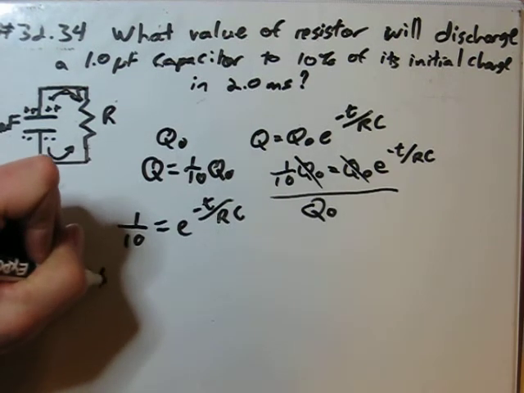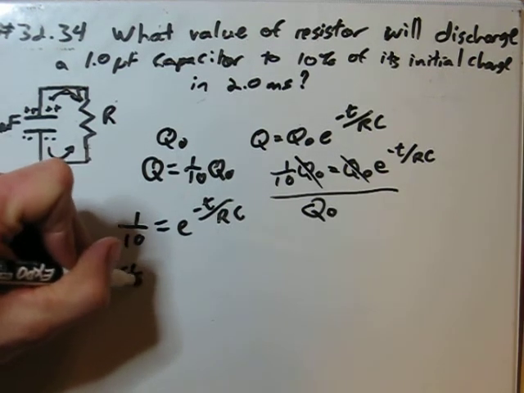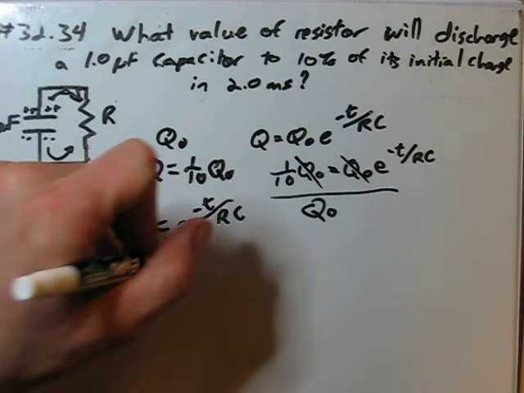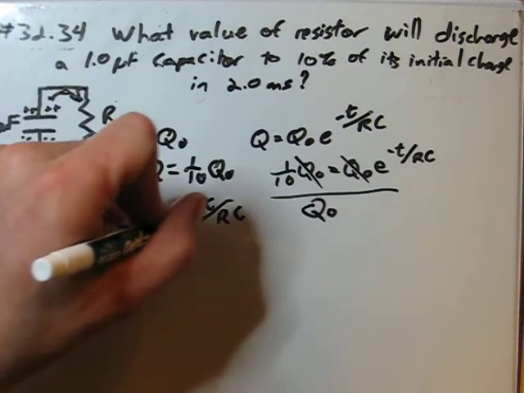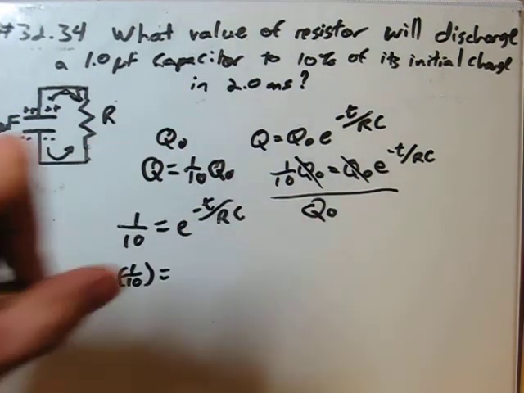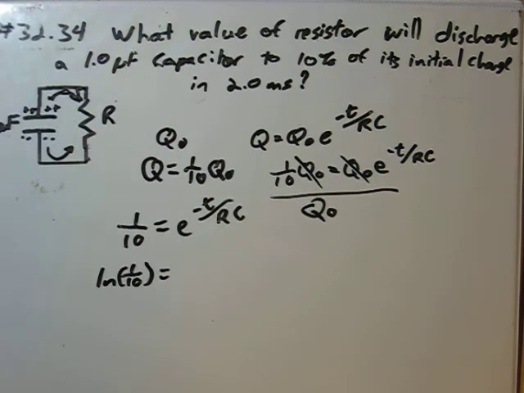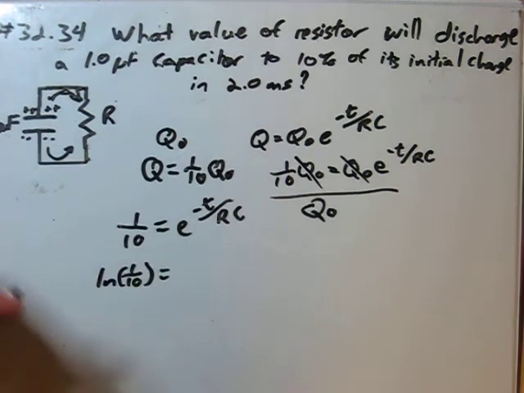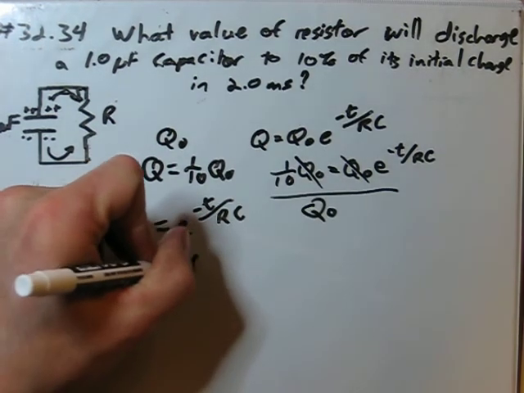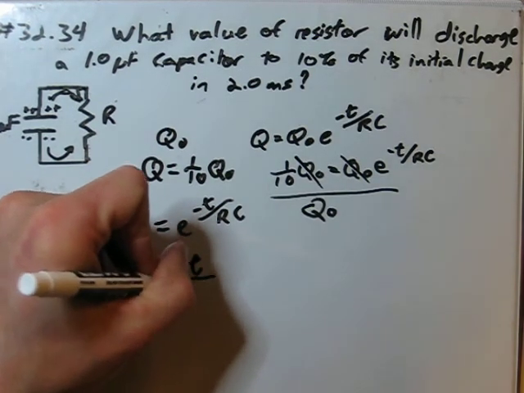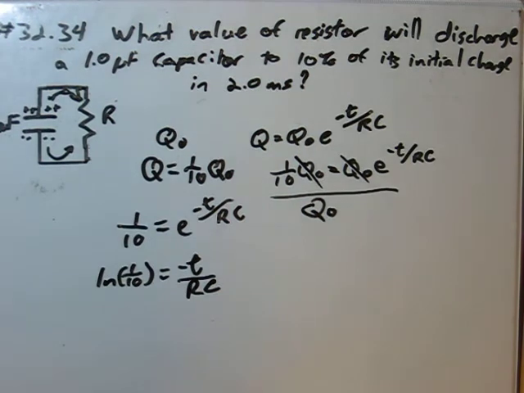So we could say that the natural log of 1/10 equals the natural log of E to the exponent, and whenever you have the natural log of E to anything, the result is just whatever the exponent was. So this would be negative t over RC. And if we want to solve for R, that's what we're looking for. Everything else we know.